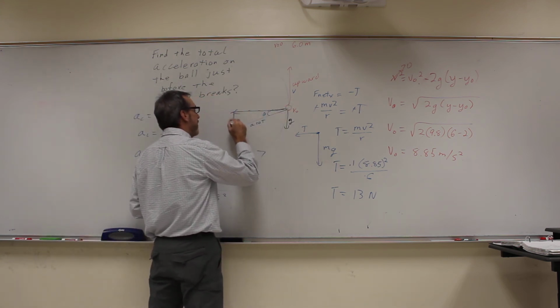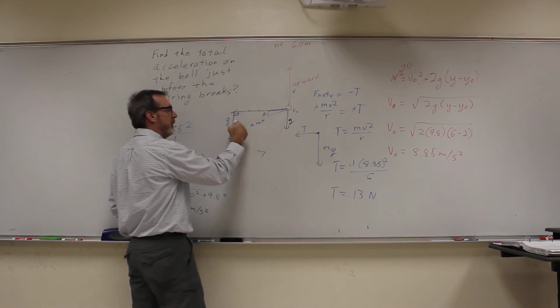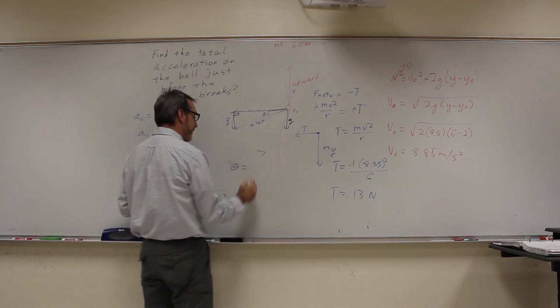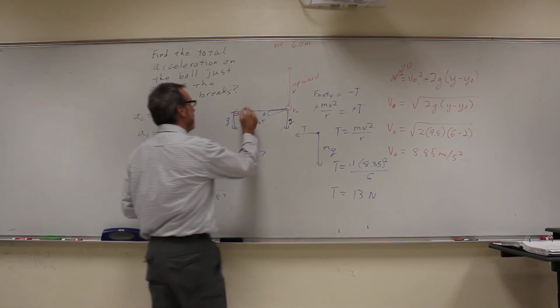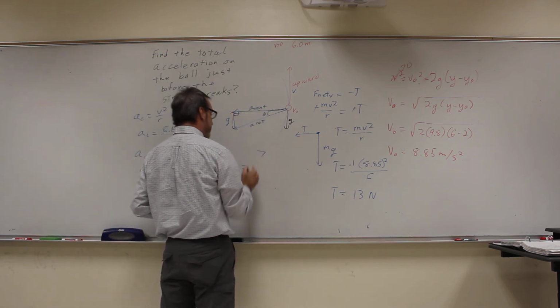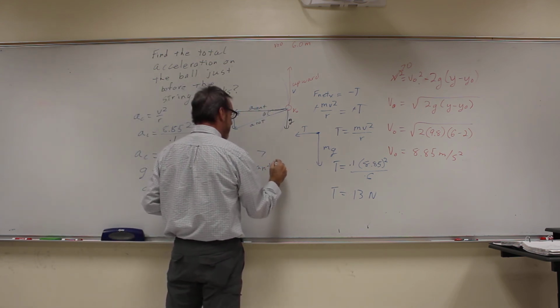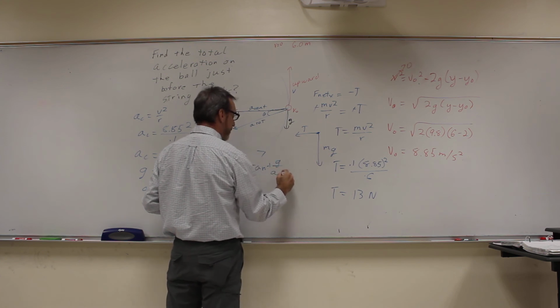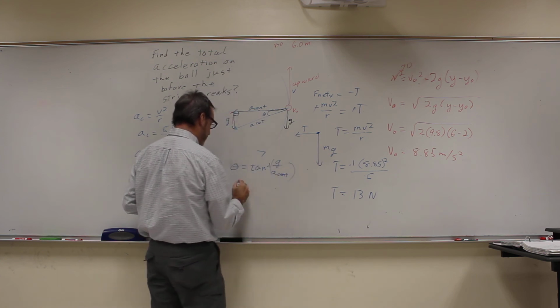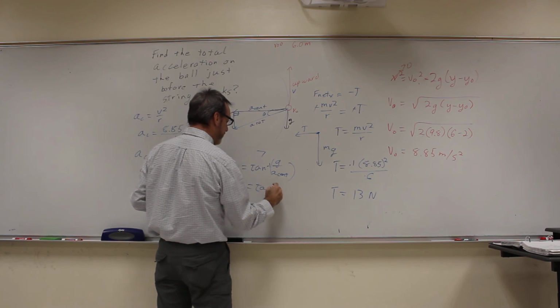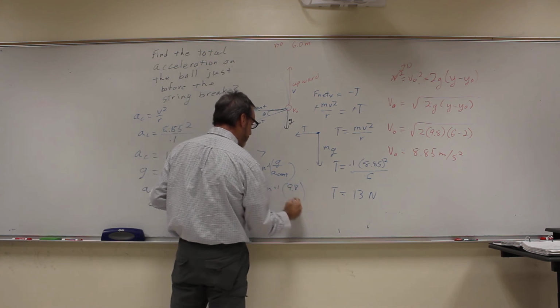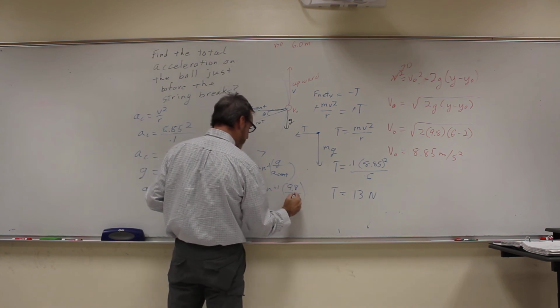We can move that vector out here, and now I have my right triangle, and theta is going to be the inverse tangent of g over a centripetal, or theta is the inverse tangent of 9.8 over 130.